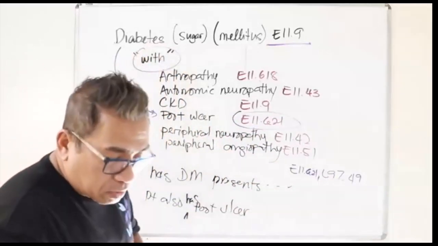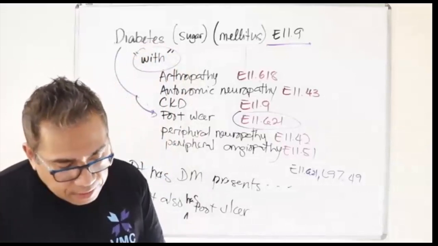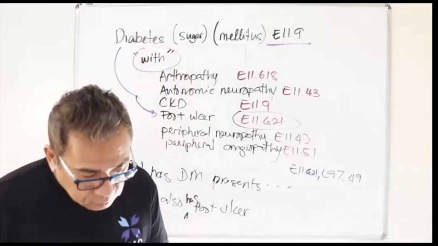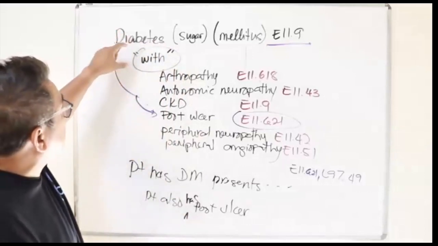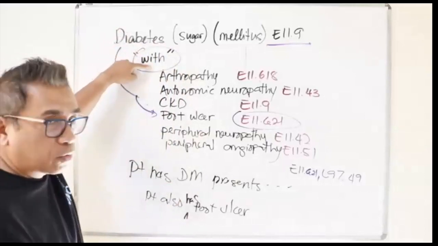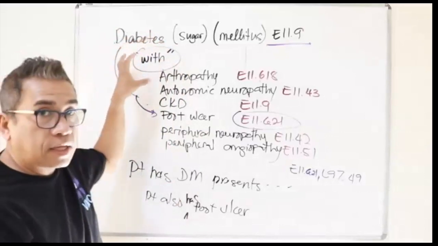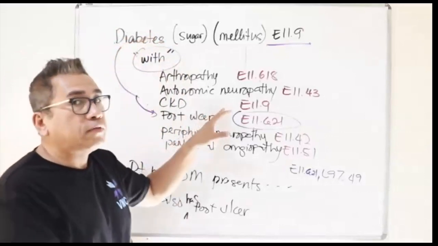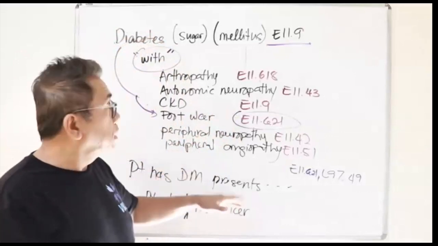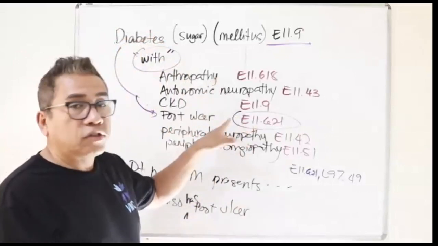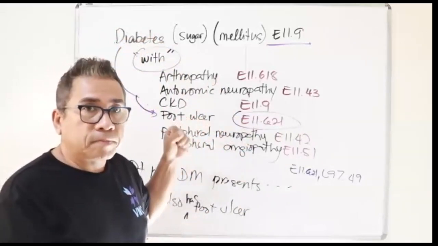When you go to the book and look up diabetes, you see the word "with". This word "with" is an instruction itself that you don't need to wait for the provider to confirm it. As soon as you see these two conditions together, you assign the combination code. Does that answer the question, Rodi?